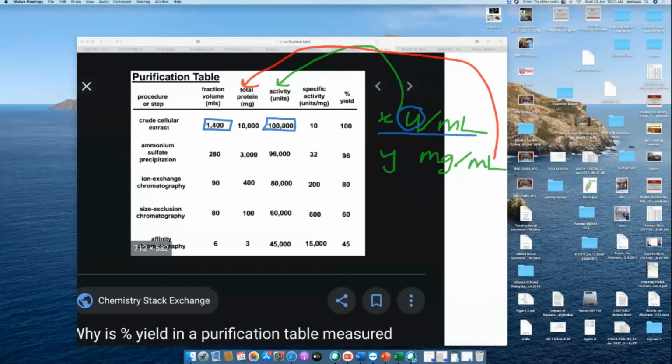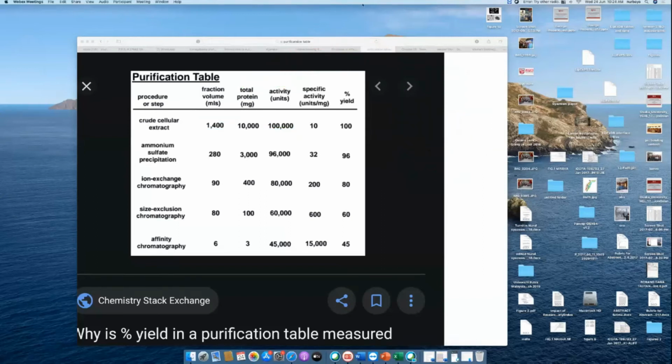Okay, so for this case, if you have 100,000 units, what will be the unit per ml? You can type in the chat. I will go to your chat to see.